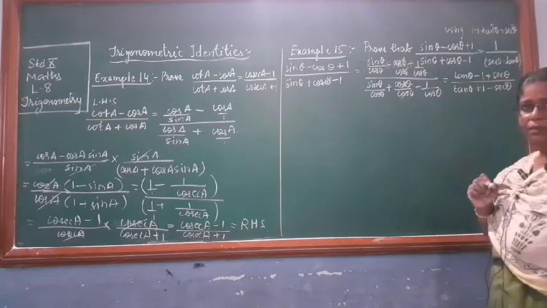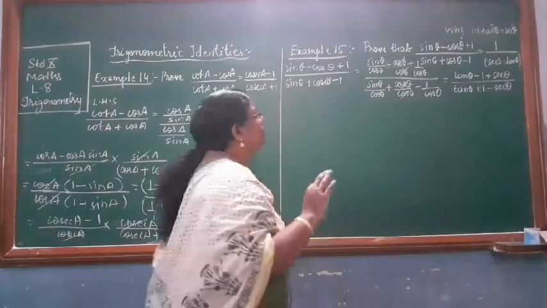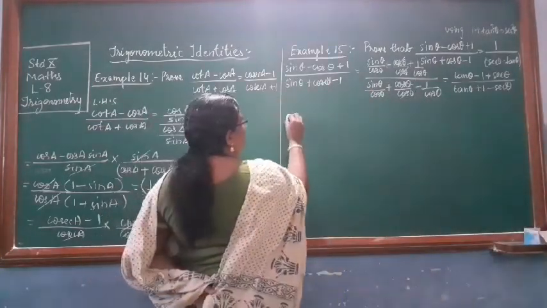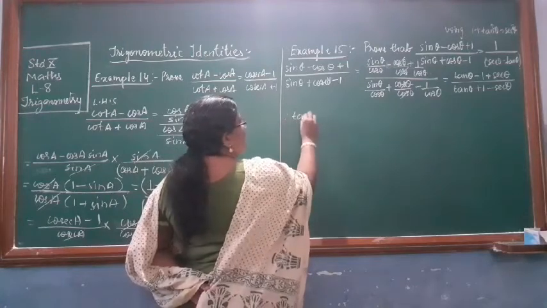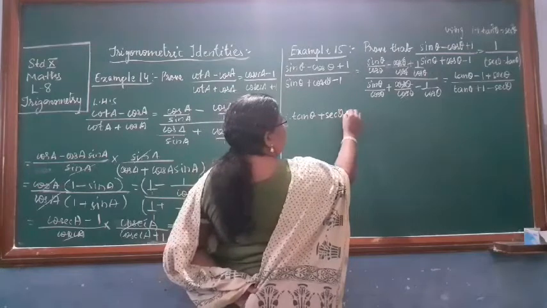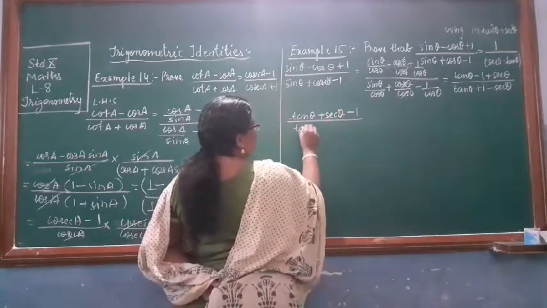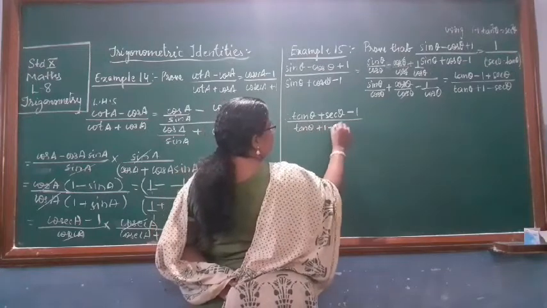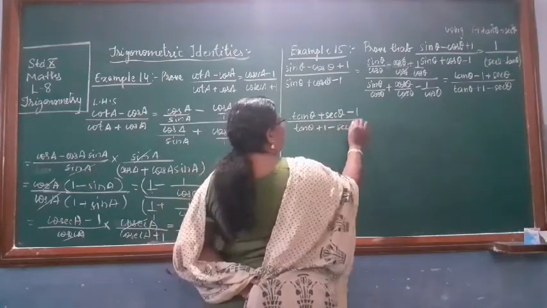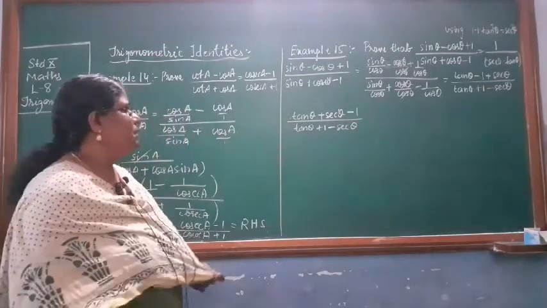Now what is the next step you should do? You arrange it. Therefore I have tan theta plus sec theta minus 1 upon tan theta plus 1 minus sec theta, or you can write it as minus sec theta plus tan theta.